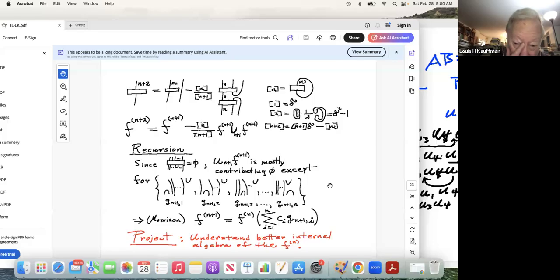But I think that the fact that we now understand a little better, or at least I feel like I understand a little better what's going on multiplicatively in the Temperley-Lieb algebra, that may help to understand what's going on with the projectors. And of course, the projectors get combined into evaluations of various sorts that are related to many questions about invariance, colored Jones polynomials, and so on.